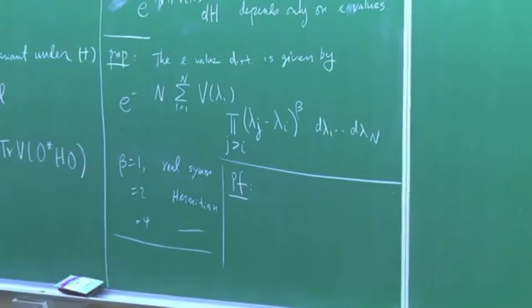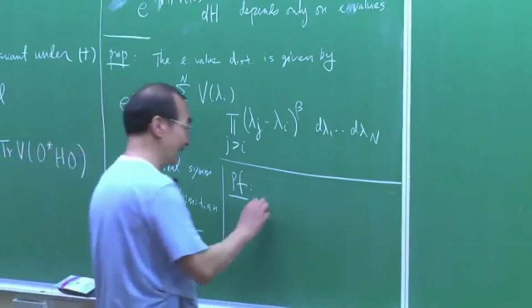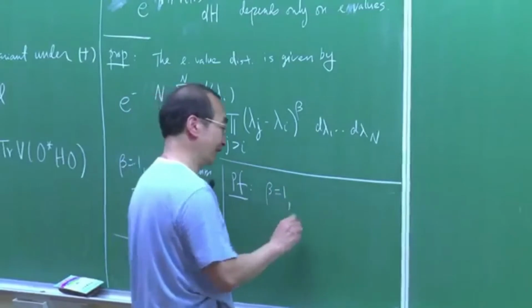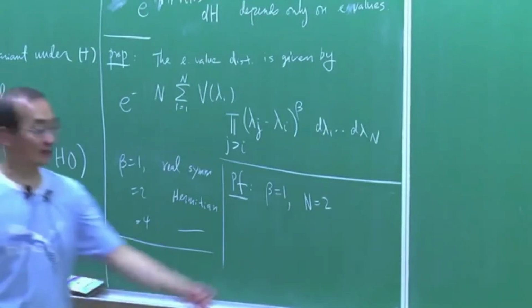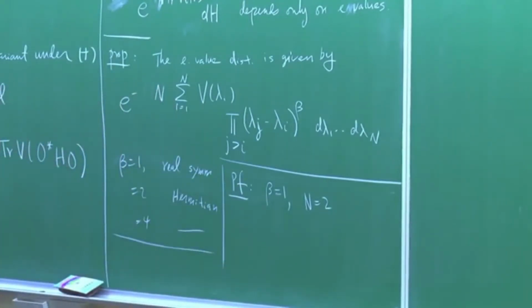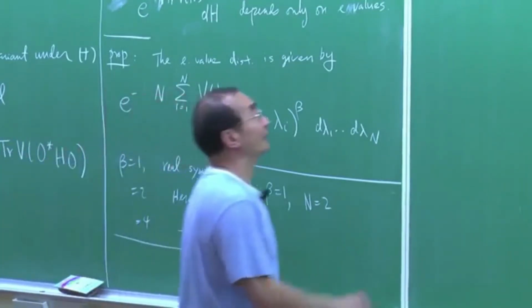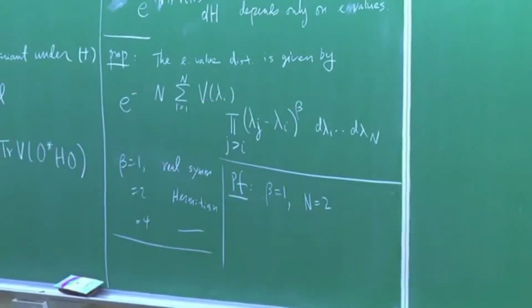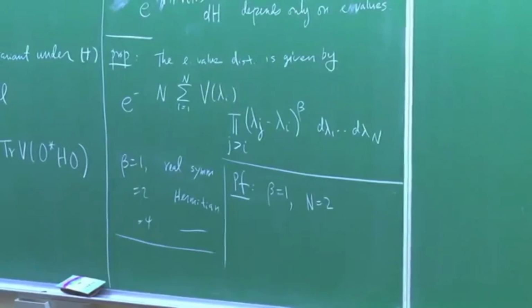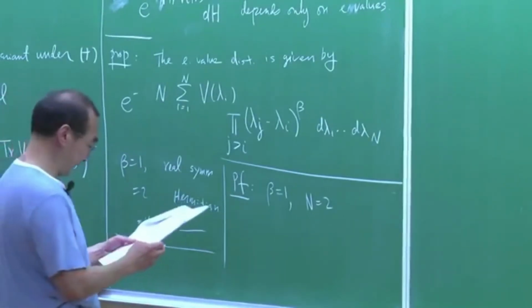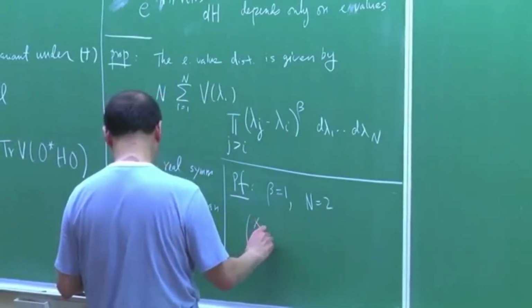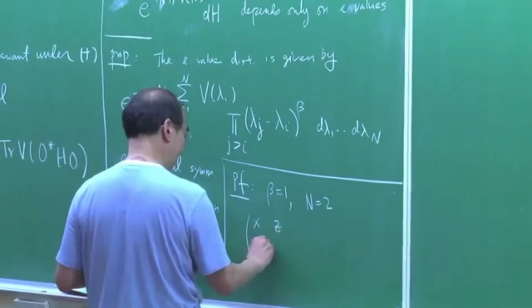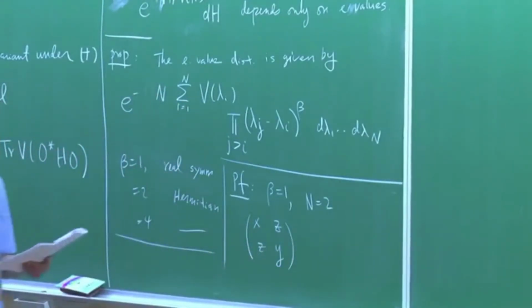I will do the proof for beta equal to 1 and n equal to 2. I follow Wigner's idea: you just do a 2 by 2 matrix to make life easier. For a 2 by 2 matrix, your H is the symmetric matrix with entries x, y, z.